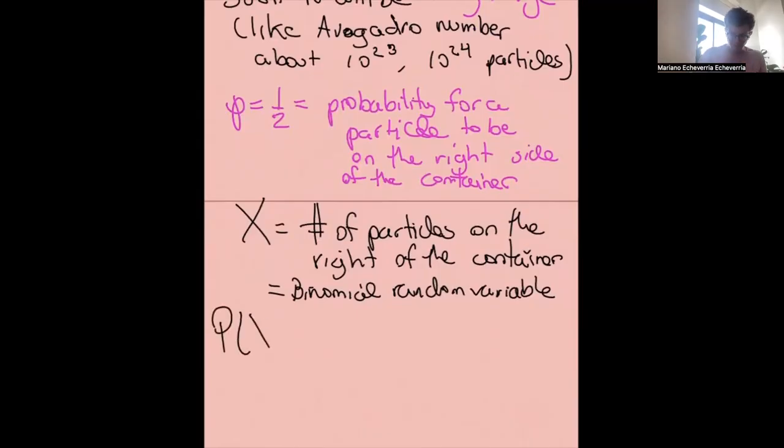And what was the probability that you would have i particles on the right side of the container? Let's start with that. Does anyone remember that probability? The number of successes is having i particles on the right side of the container.